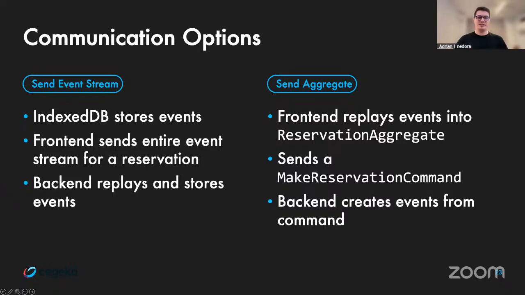But instead of sending all those events, it sends a make reservation command, and that represents the desired end state. The backend then uses its own historical events and rules to generate new events from that command. You can also think of this as sending a frame of the movie rather than the whole film with the first option.